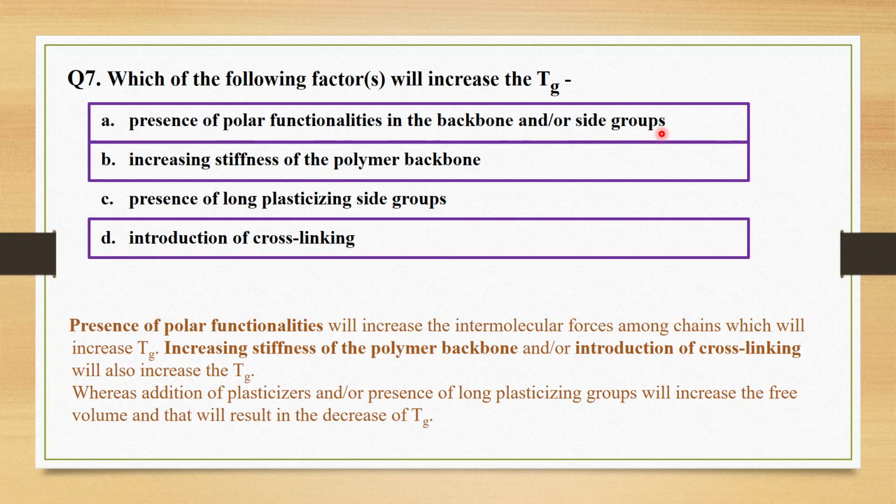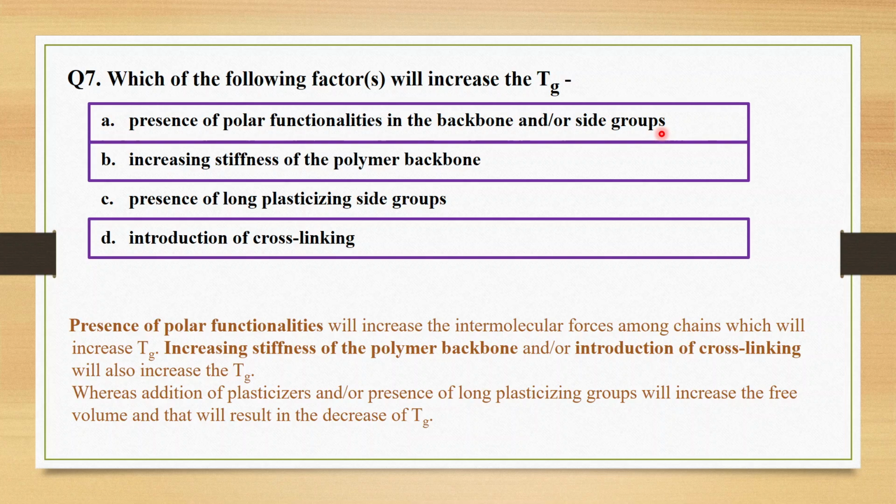TG means transferring from a glassy state to a rubbery state. So the more interaction between the polymers, the more difficult it will be to separate them and take them to a rubbery state. Polar functionalities mean many interactions, many hydrogen bonding interactions, which will increase the TG value of your ultimate polymer.